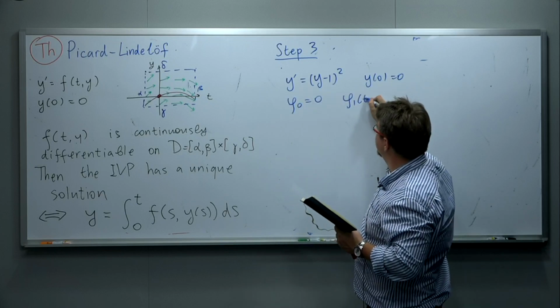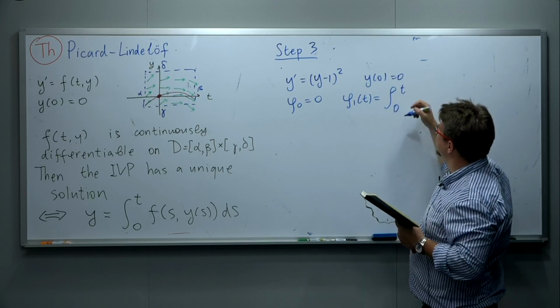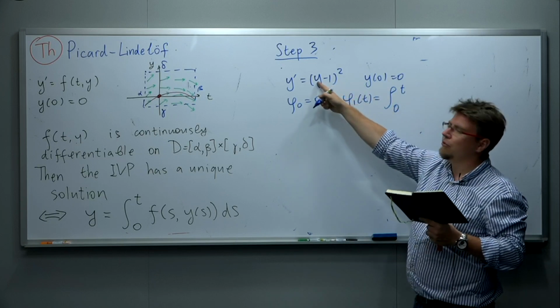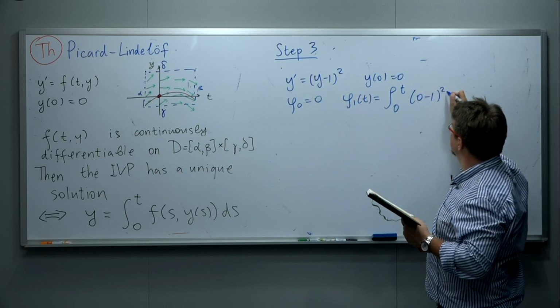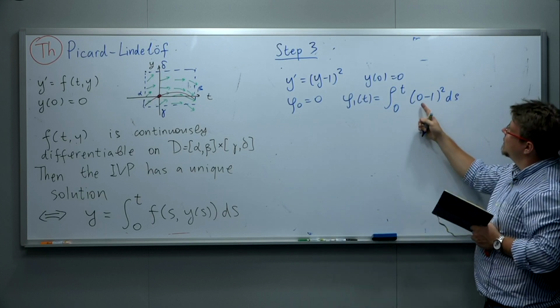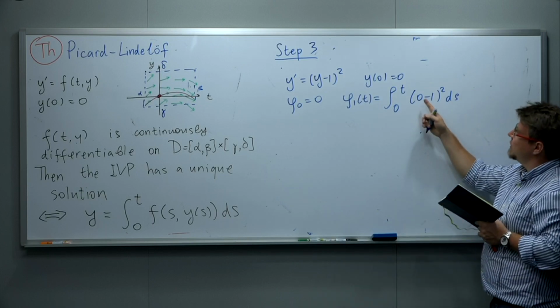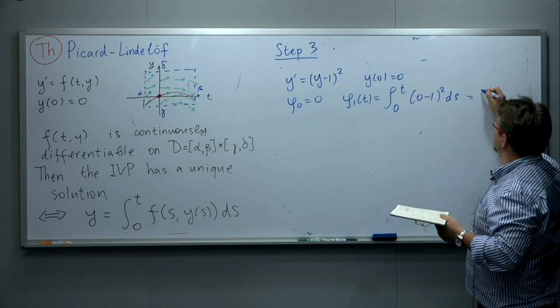Phi 1 of t is the integral from 0 to t of this, where instead of y we write the previous phi. So 0 minus 1 squared ds. Now it's simple, because 0 minus 1 squared is 1, and the integral from 0 to t is just t.